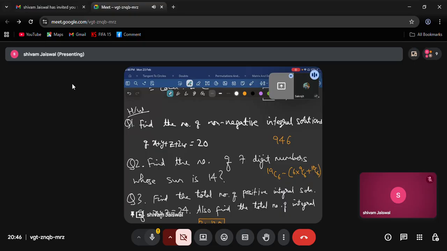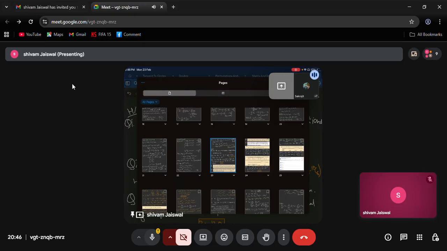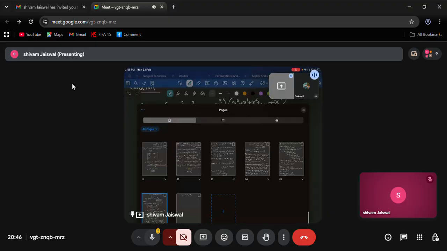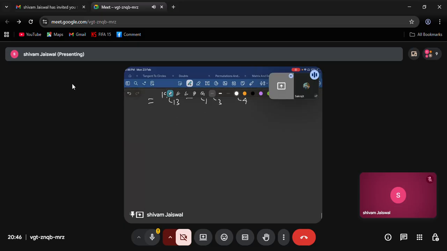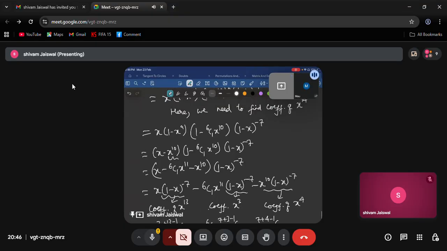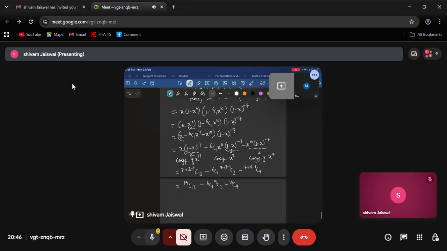So see, same thing everyone. Tell me, has everyone understood? Yes, sir. Generating functions. Tell me, Sarthak, Anandit, Memel, Devant, is it clear properly? Yes, sir. Now it's clear.